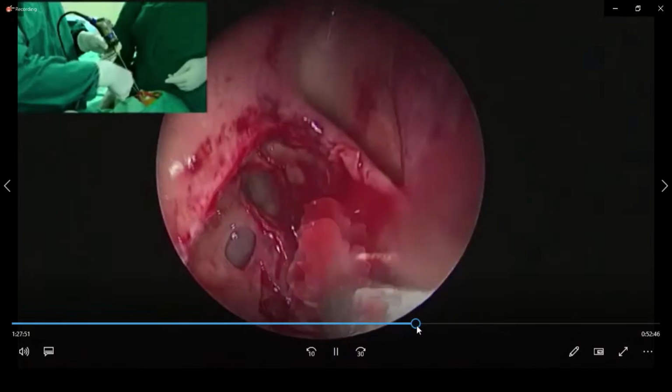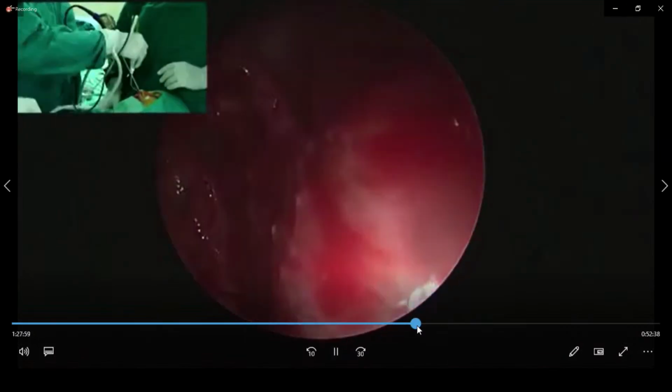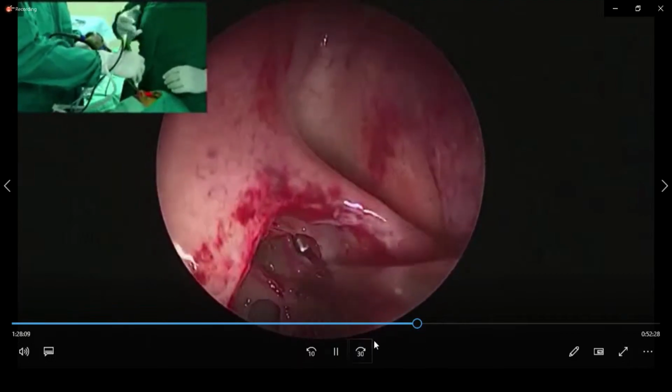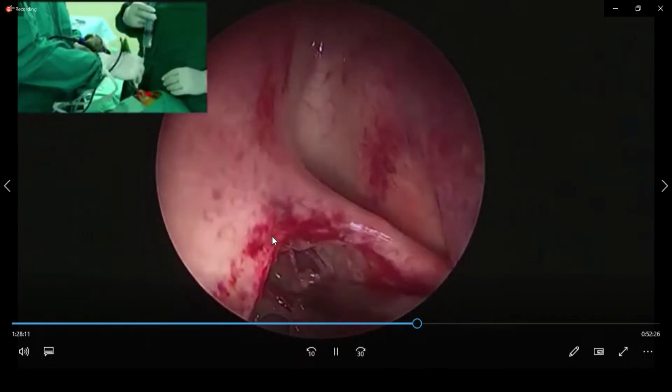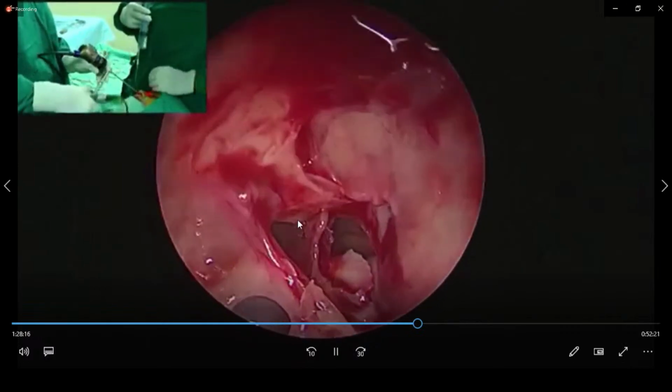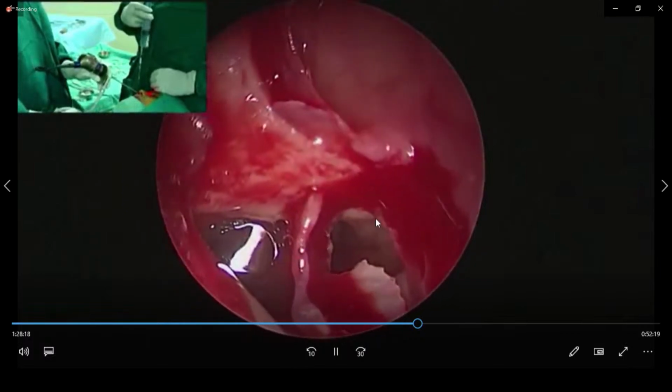Let me go back. Now see, this is the cell. This is the wall of the type 3 cell. It looks like frontal sinus. This is not frontal sinus. Frontal sinus is behind. Can you see that? Yeah.